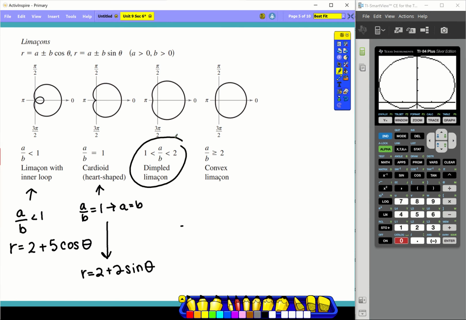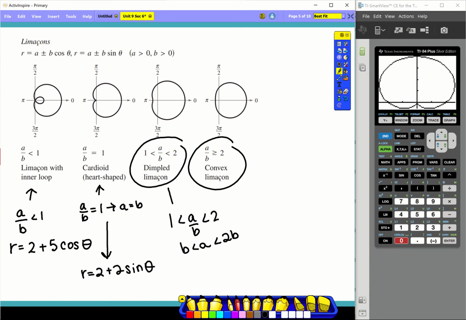And of course, you could play around with the calculator with these. So if we need A divided by B to be between 1 and 2, but not equal to, then that means A has got to be greater than B, but less than 2B.